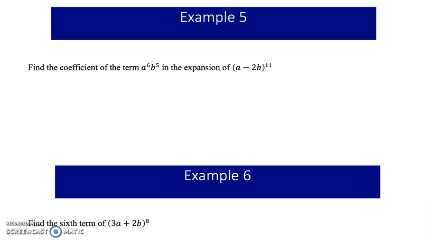In the next example, we're not asked to find the whole expansion, but just one specific term, or better, the coefficient of one specific term. Now, you remember that each term is made of a coefficient, x to the power of n minus r, and y to the power of r. So, in this case, we see that the second term is negative 2b, and it's raised to the power of 5.